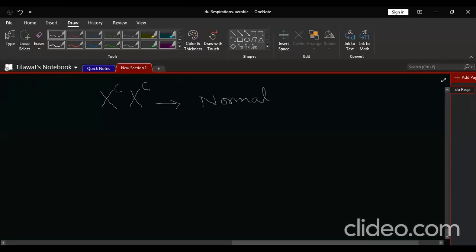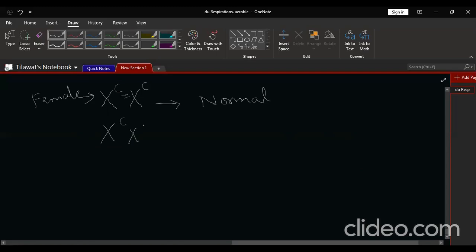Both alleles will express. In this condition, the dominant allele will express and make normal protein, and because of that we can differentiate colors. Now suppose a person is female, because XX is the chromosome pair for female.